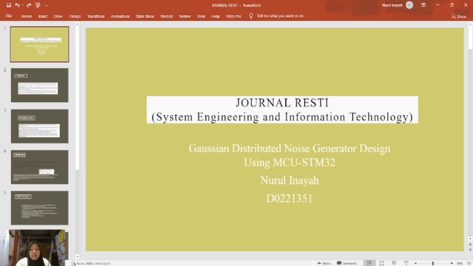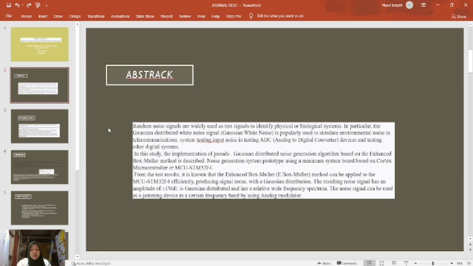Here I will explain a journal related to information systems, whose title is System Engineering and Information Technology, about Gaussian distributed noise generator design using MCU STM32, published in the year 2022.